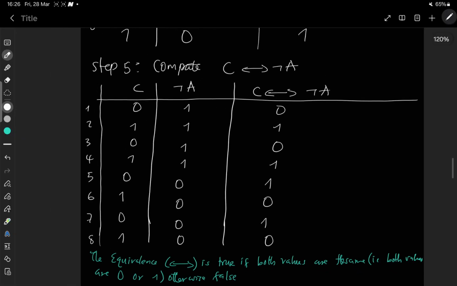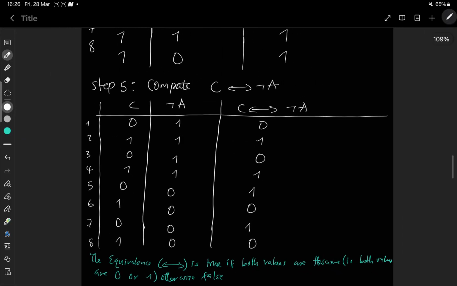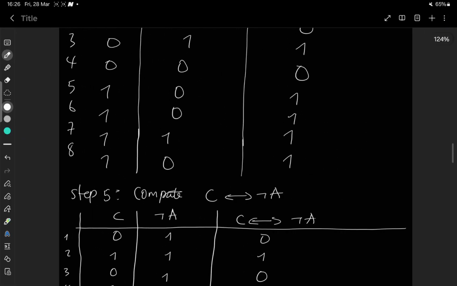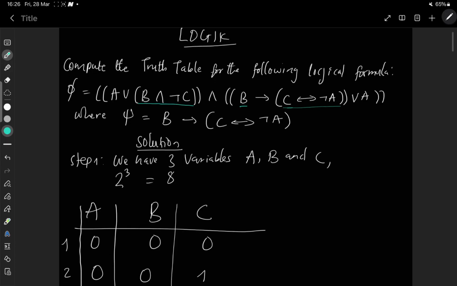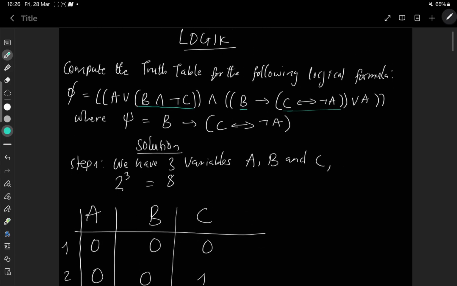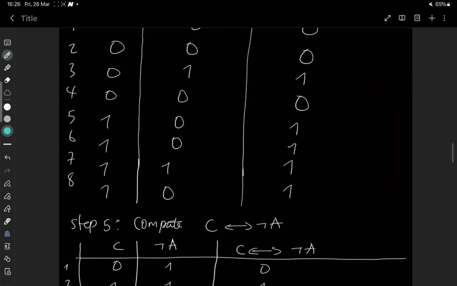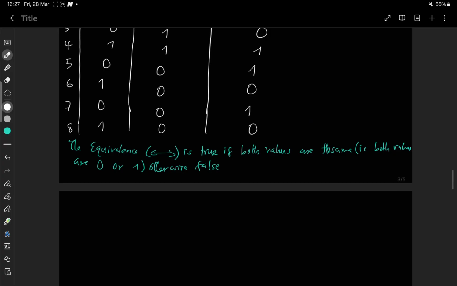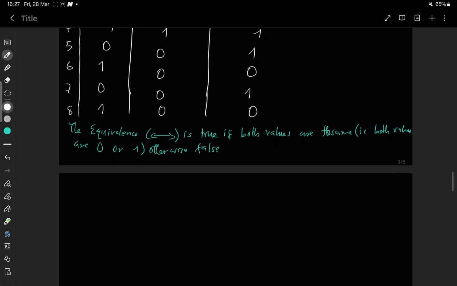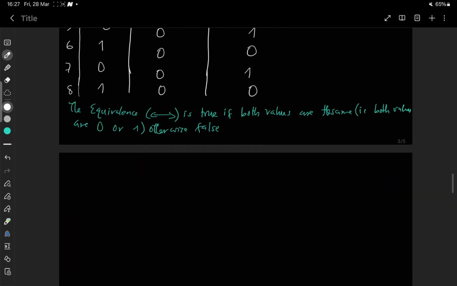So we have computed this equivalence here, or by conditional. I mean, from here, this is where we obtained this. Okay, then the next step we're going to take, that is our step 6, right? That's step 6.